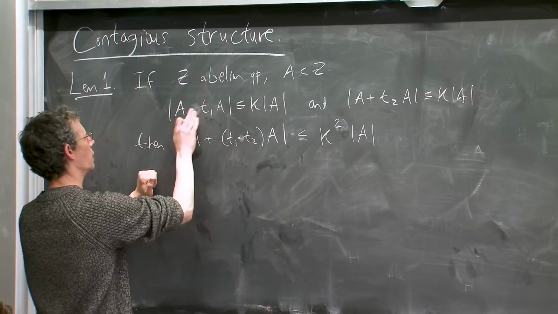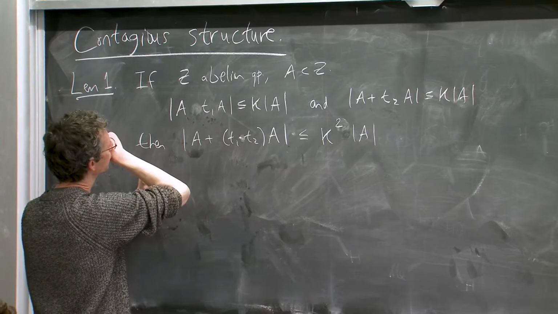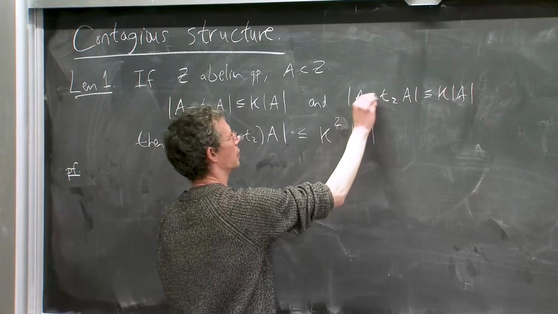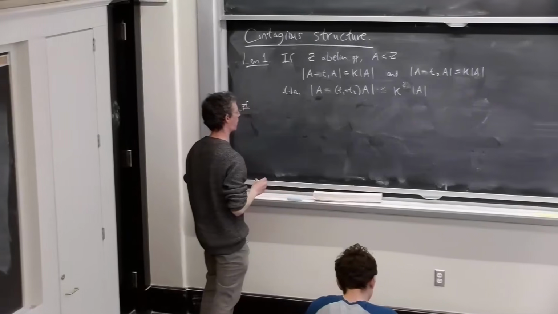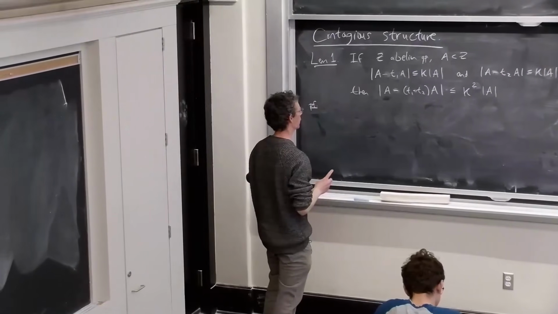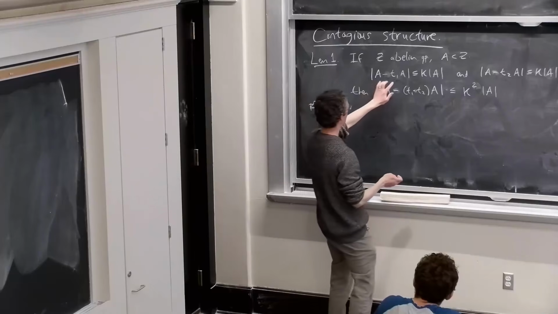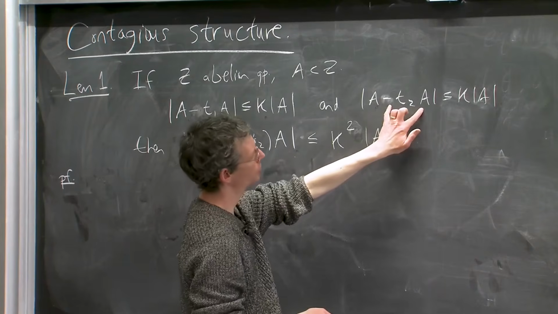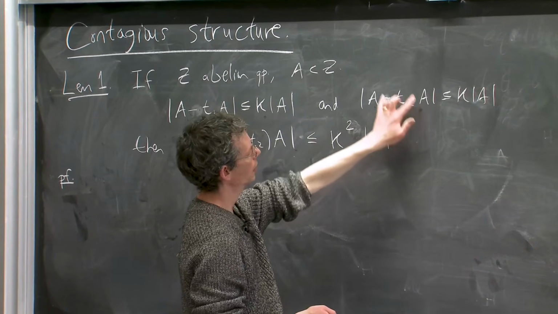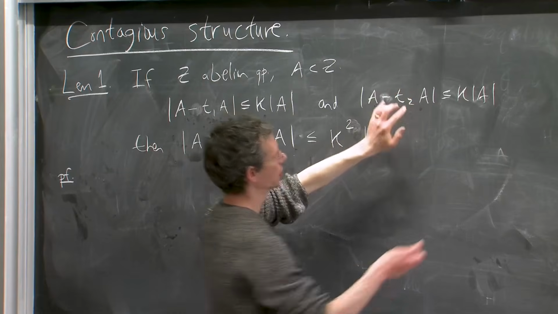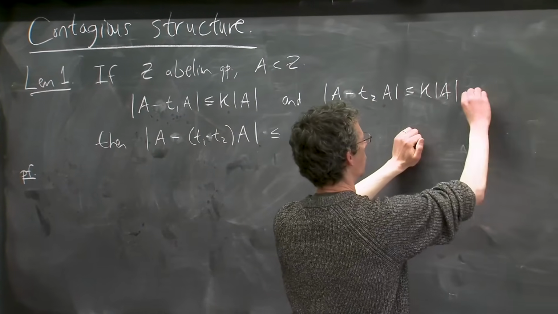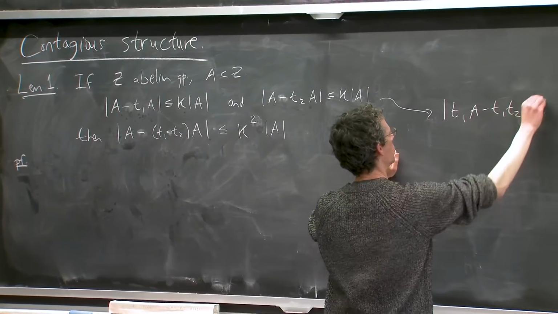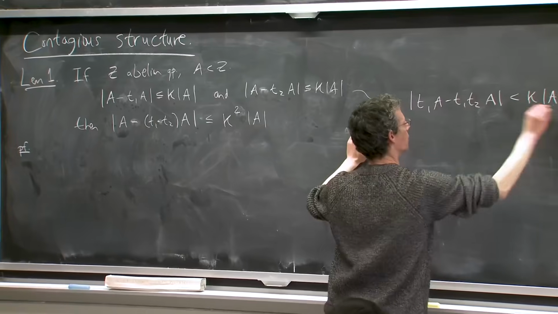Actually, let me also make all of these minus signs. So A minus T1A is quite small, and A minus T2A is quite small. I'm going to multiply this just by a constant T1. So this implies that T1A minus T1T2A is quite small.